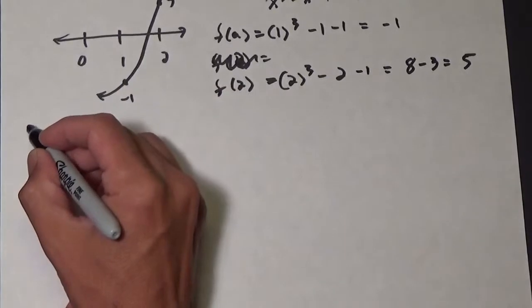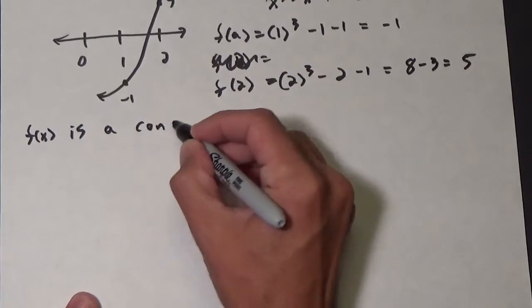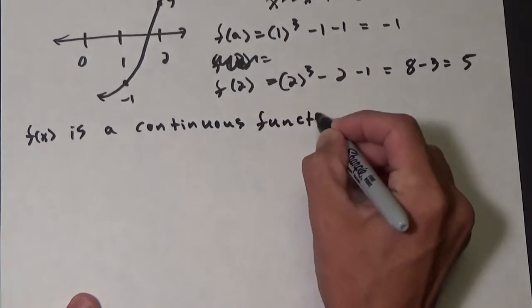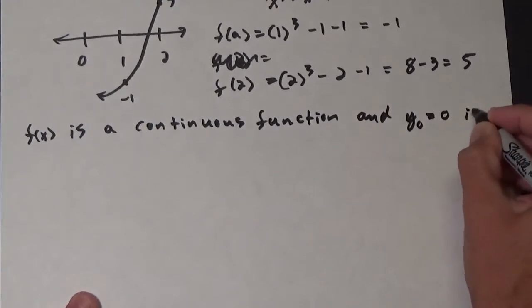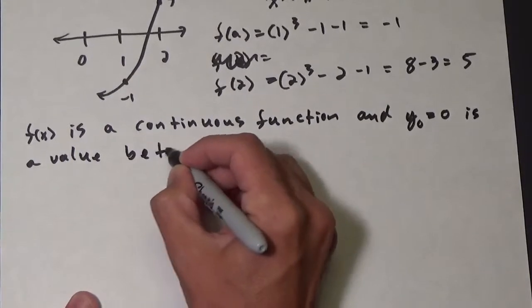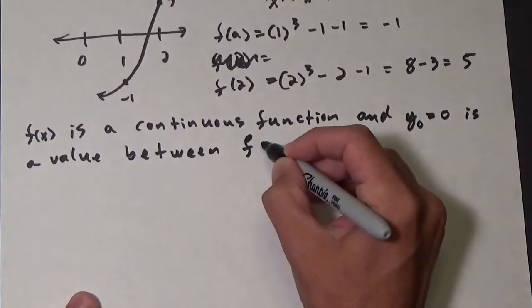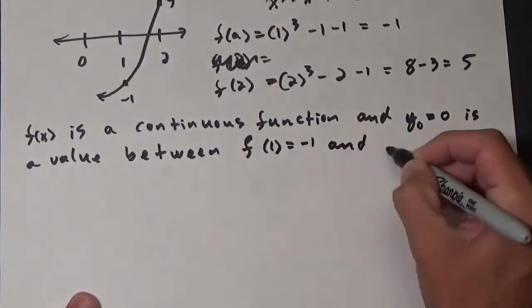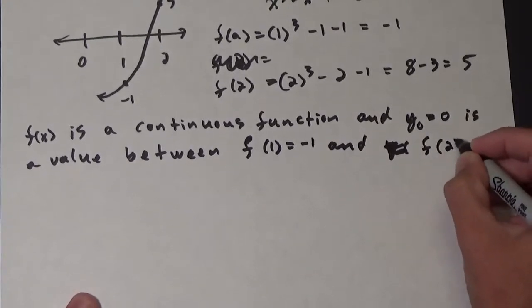So what I wrote was f of x is a continuous function and y sub naught equals 0 is a value between f of 1 equals negative 1 and f of 2 equals 5.